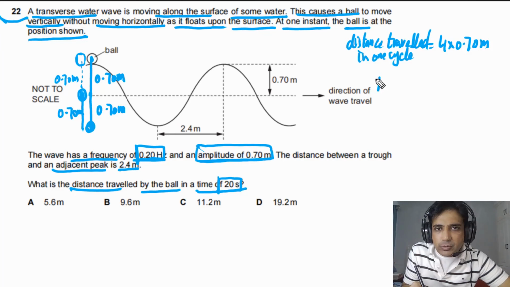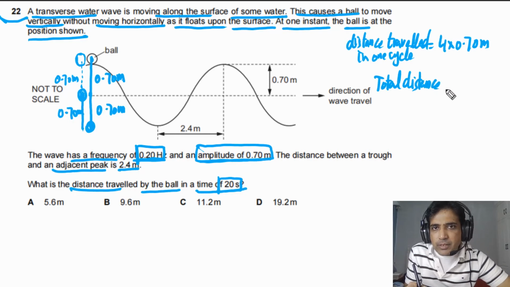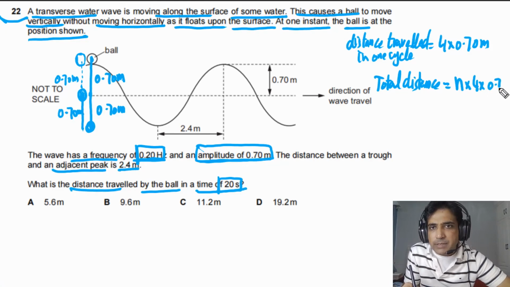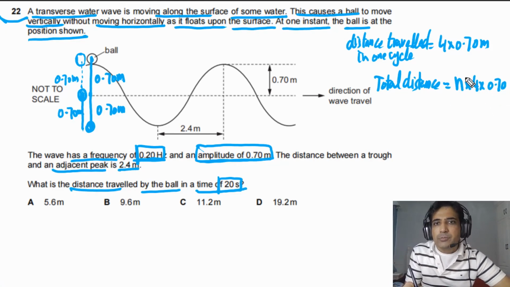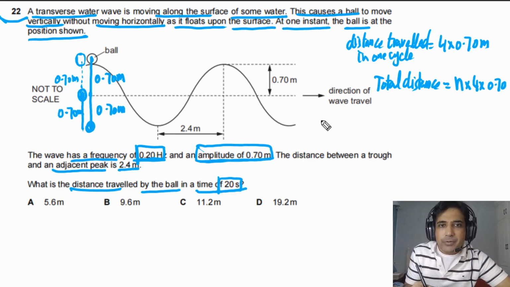The total distance traveled will be equal to the number of cycles, let's say n, times the distance traveled in one cycle, that is 4 times 0.70 meters. So we need to find the value of n, the number of cycles. To find the number of cycles, we take the total time taken divided by the time period.